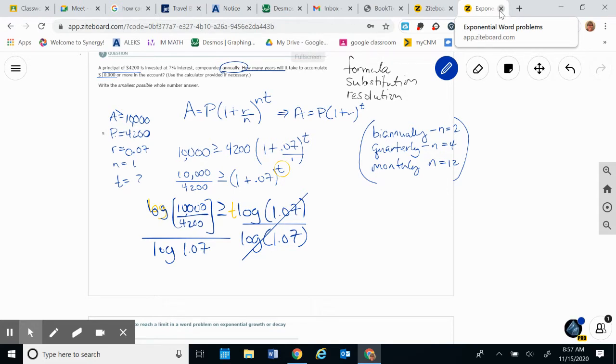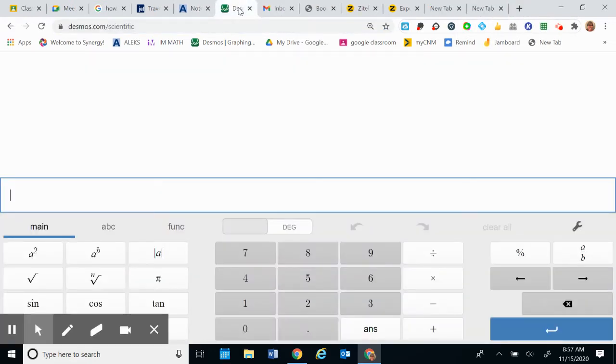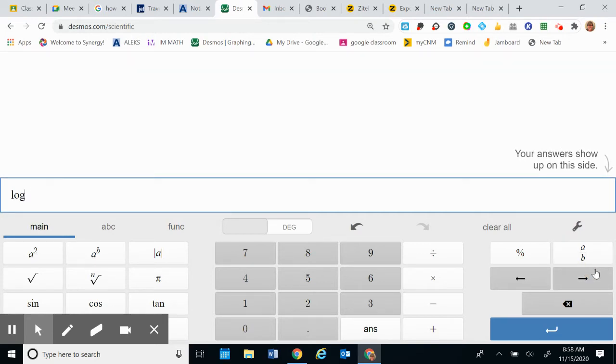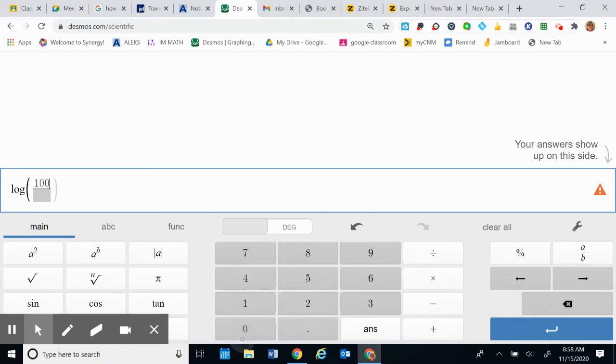I'm sure I could use the division rule, but I don't see why I'd want to. Okay, so we're going to go to Desmos, which is right here. And you should be able to see my screen. Okay, so we're going to go LOG. And then we're going to go parentheses. And then we're going to do a fraction. I didn't put the log 4 there. Okay, log, and then we're going to hit the fraction. We're going to put 10,000.